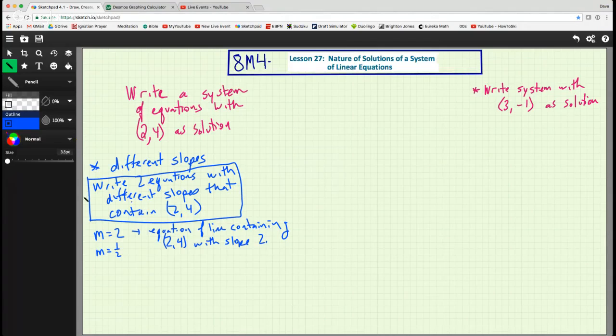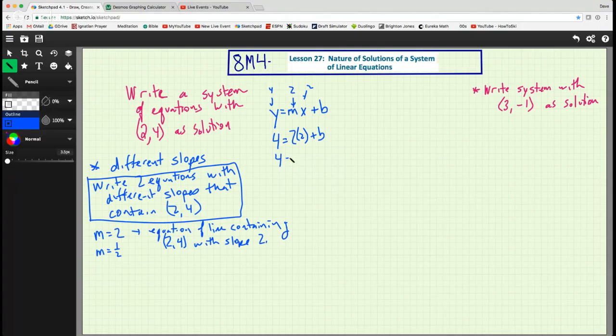Well, let's do this one in blue. We'll do m equals a half in a different color. We know that this is the form of all lines. So if it has a slope of 2 and it contains the point 2 comma 4, I know that 2 comma 4 has to make this true. So I'm going to put a 4 in for y and a 2 in for x. So 4, my y, equals m, which is 2, times 2 plus b.